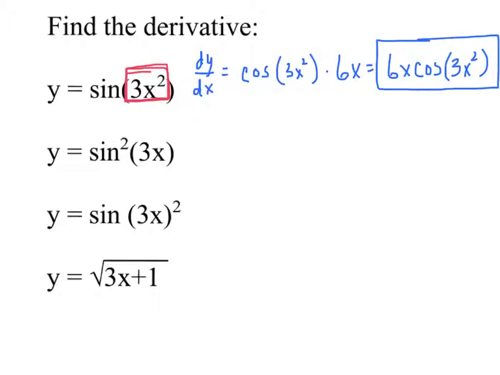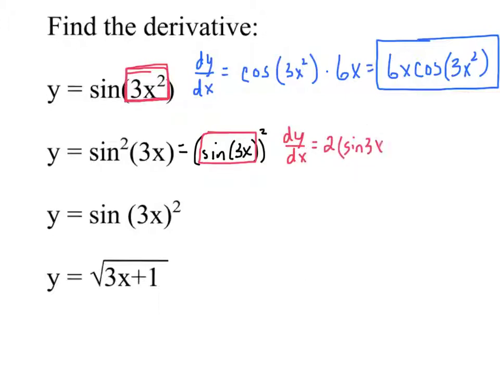Next, we have the sine squared of 3x. I'm going to rewrite the function, it's the same as the sine of 3x, squared. So the inside function is actually the sine of 3x. So to do the derivative, bring the 2 out front, leave the inside alone, and then we're going to multiply by the derivative of the inside.